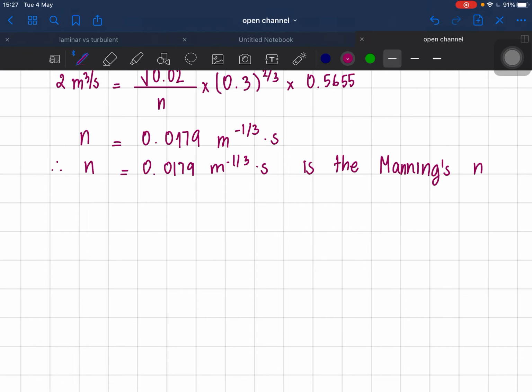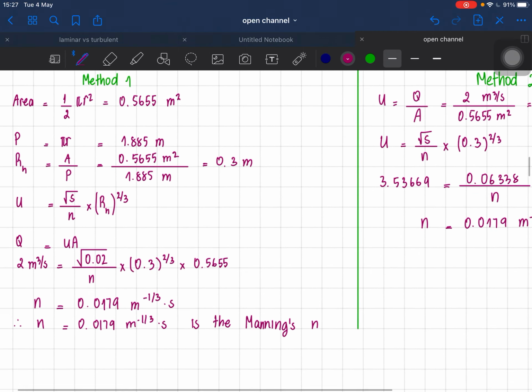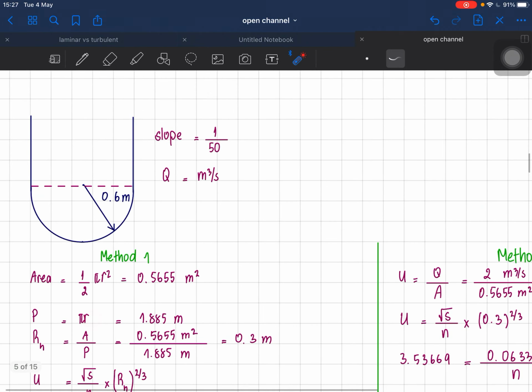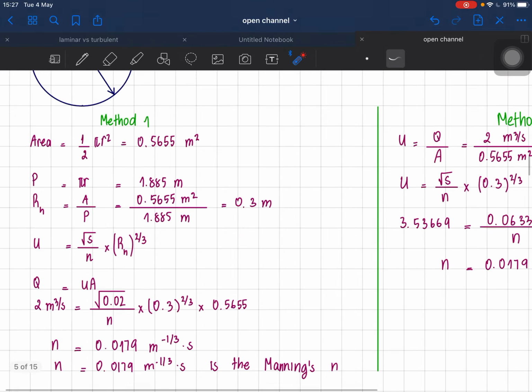As you can see, the 2 cubic meter per second is staying inside the semicircle. So if we want to increase it to 3, it's going to flow over the line of the semicircle. So you need to do something like plus h minus x. Yeah, that thing.